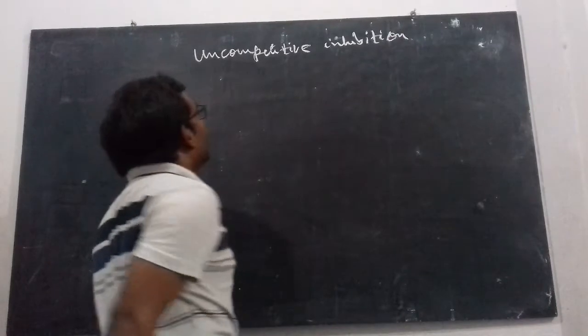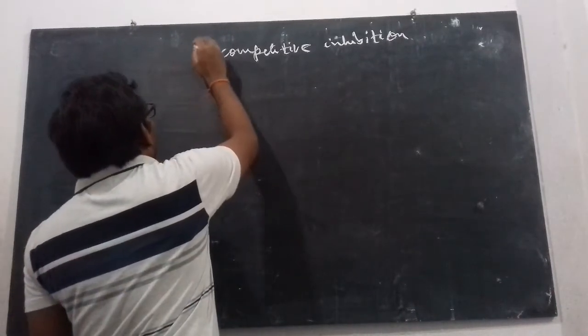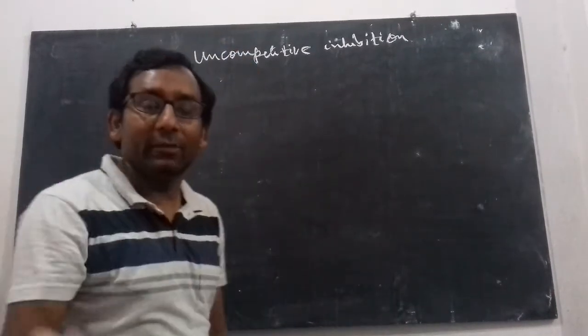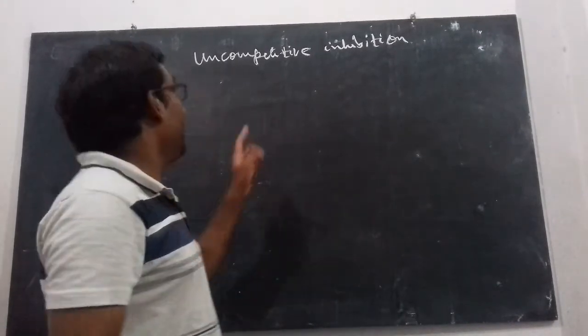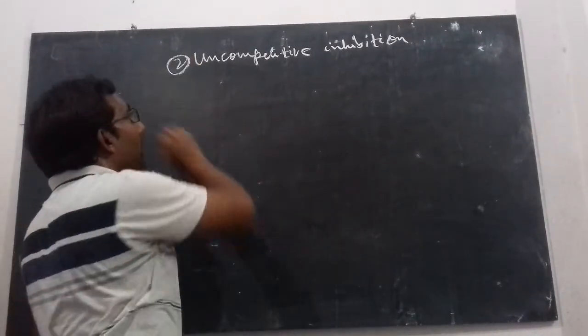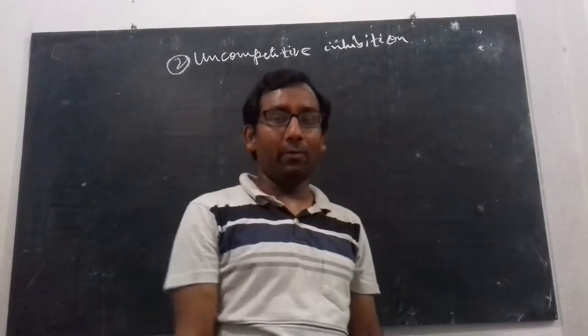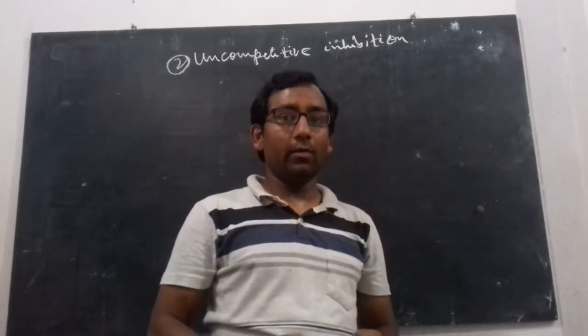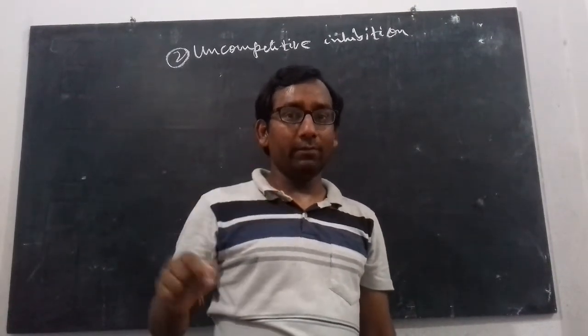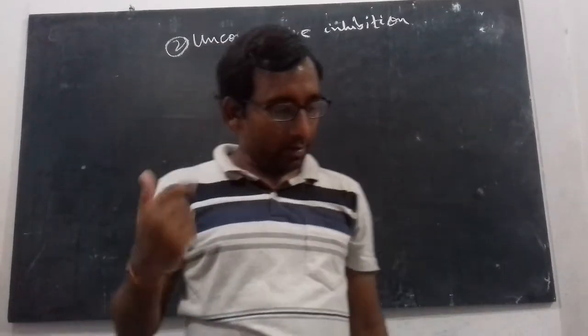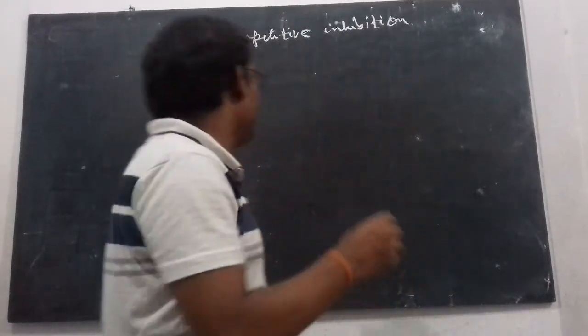Today, first we have dealt with competitive inhibition, already done. Today, number 2 is uncompetitive inhibition. Our main focus of the lecture would be uncompetitive inhibition, and another one is mixed inhibition.